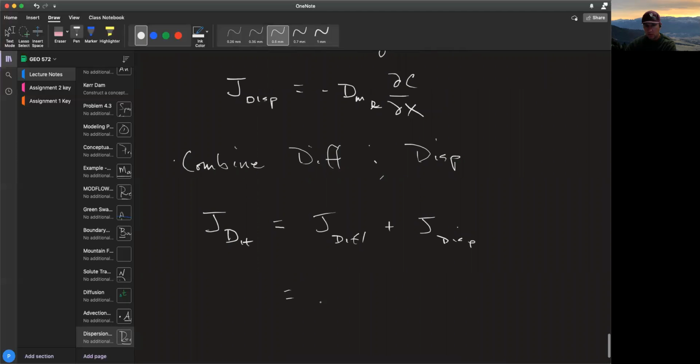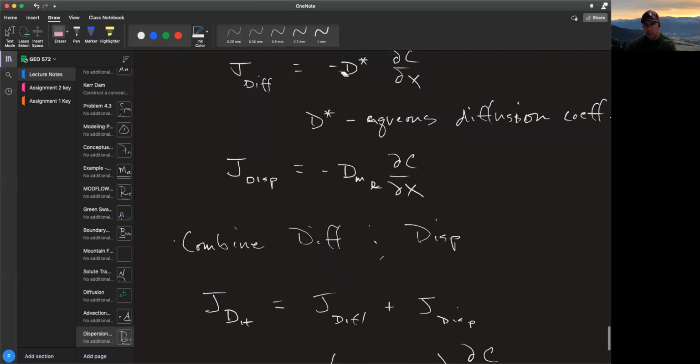So this is equal to negative (D_mL plus D star) times dC/dx.